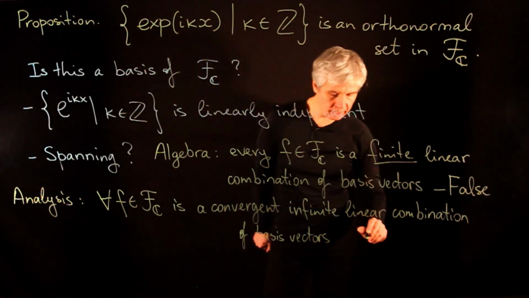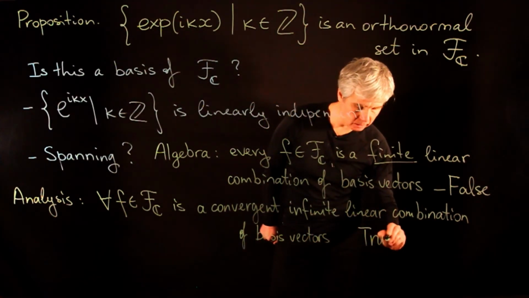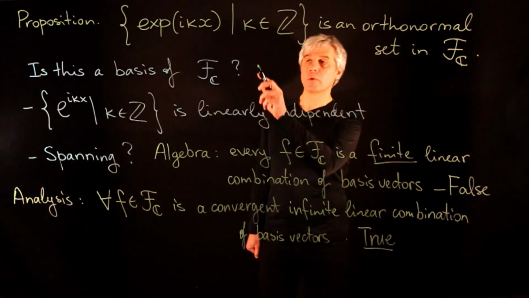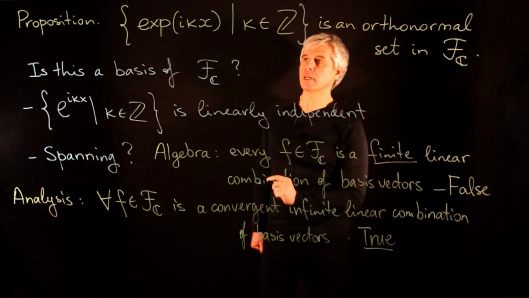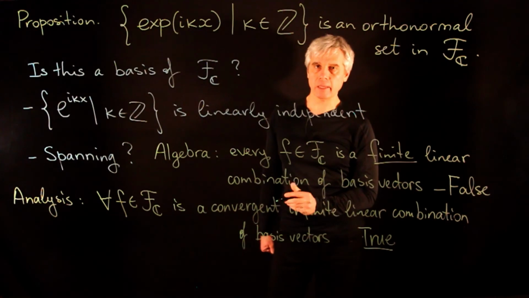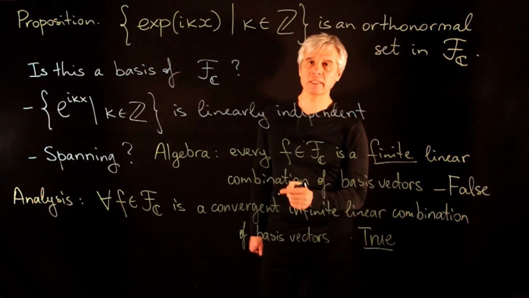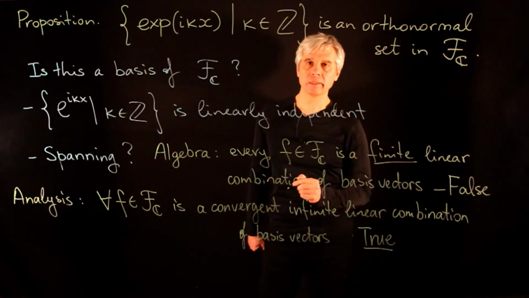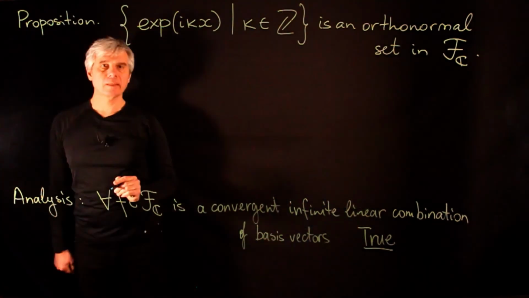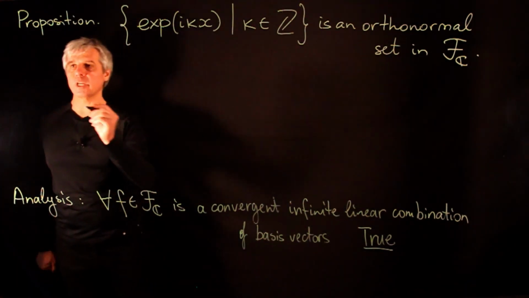And we're going to see that this is going to be true. So this set of functions is not a basis in the sense of algebra, but it is a basis of the space in the sense of analysis. Now let us analyze this situation.